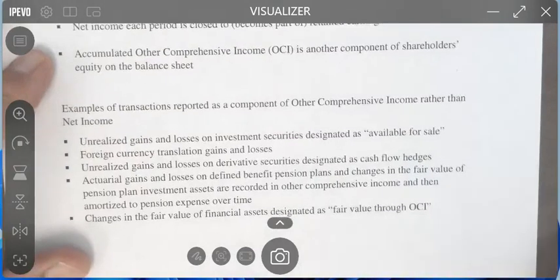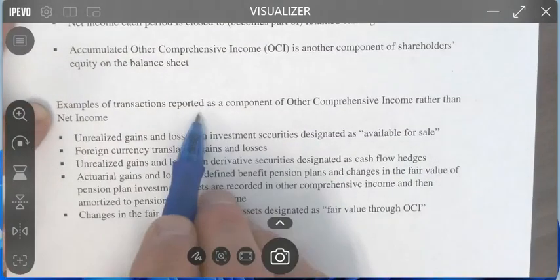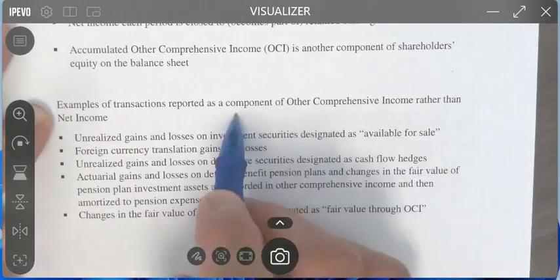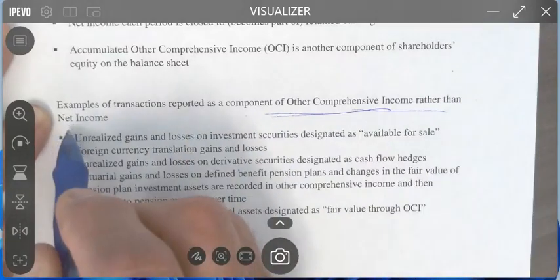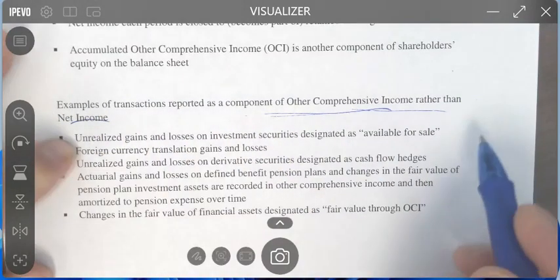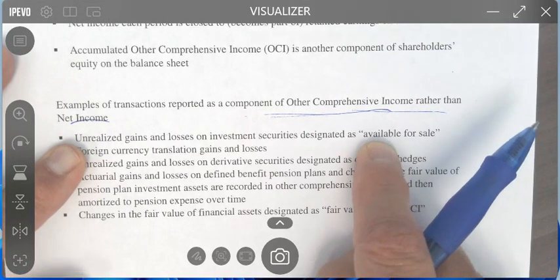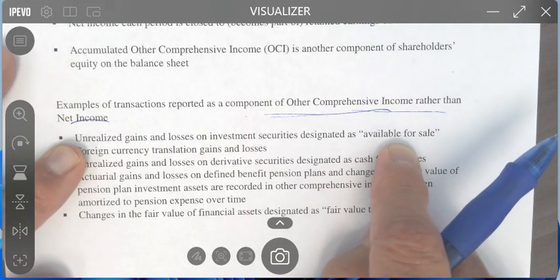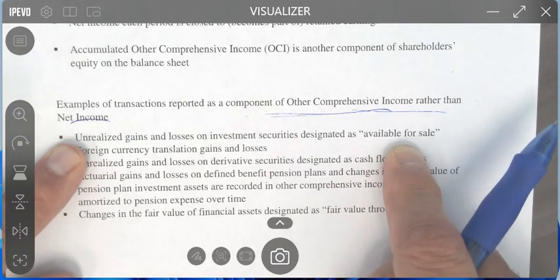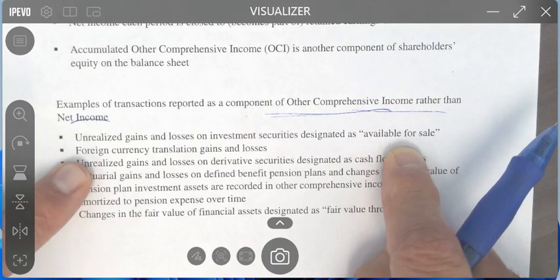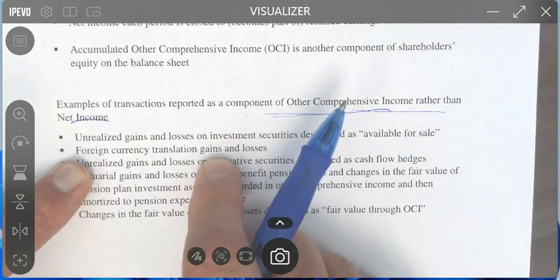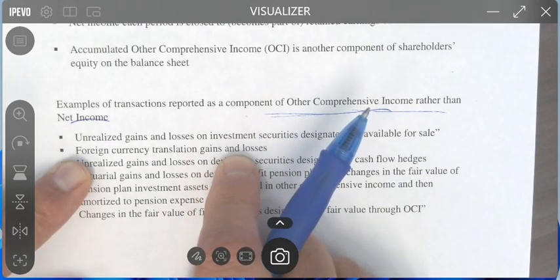Here's some examples of transactions reported as a component of other comprehensive income rather than in net income. Here's a common one: unrealized gains and losses on investment securities designated as available for sale. You'll learn what that means in financial accounting reporting too. Foreign currency transaction gains and losses.